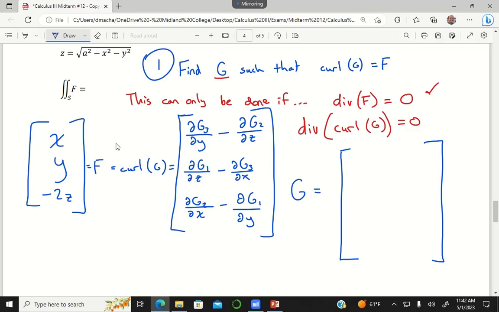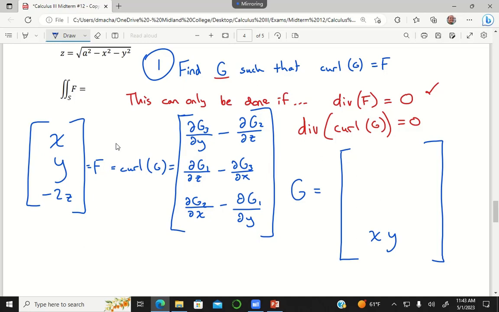And so that means the third entry of this G vector has to be xy. Very good. That all means if I want this to be just x, that means the partial of G2 with respect to z has to be 0, so that I don't pick up anything extra there. But that's fine. We'll make sure that works in the end.